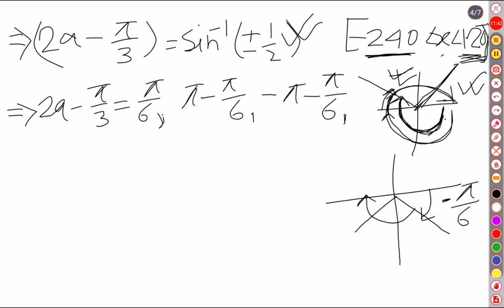So negative pi over 6, negative pi over 6. And another one is in this quadrant. If it is in this quadrant, so it is going to be negative pi, plus, that means we will have to subtract this pi over 6.